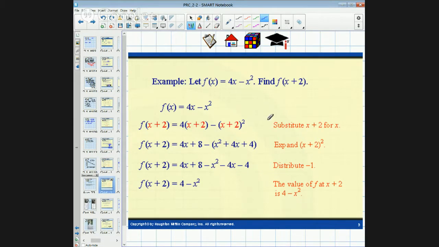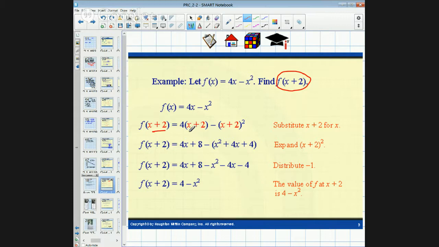Yeah, now take a look at this. You notice over here, I'm going to change colors here. You see, this time we've got a function, and this time we're trying to find something not quite as simple as f of 2 or f of 3. It's actually an algebra expression, f of x plus 2. So what do we do? The same thing.